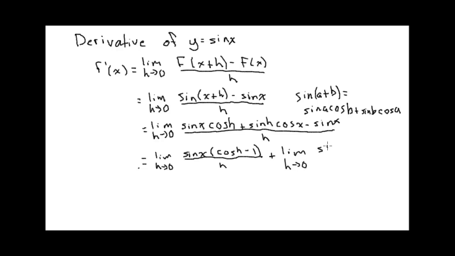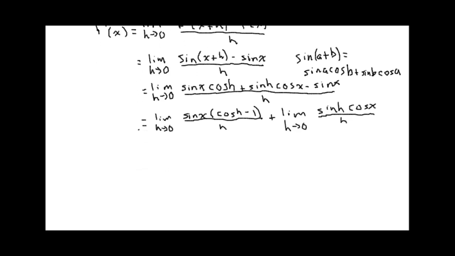So we have sine of h cos x all over h. Move down a bit. Oops, we're running out of room.